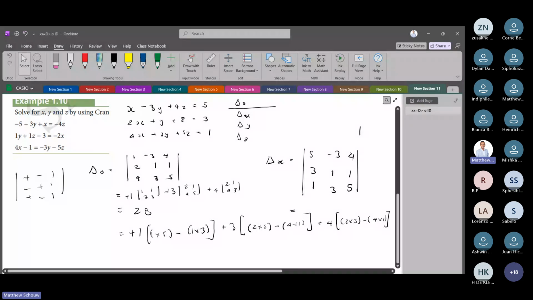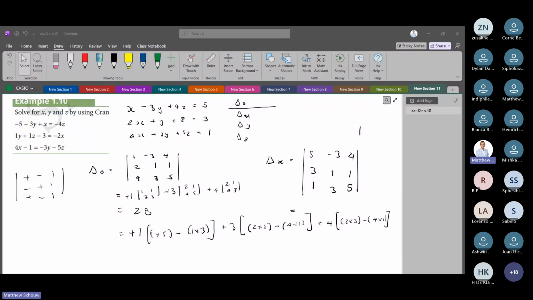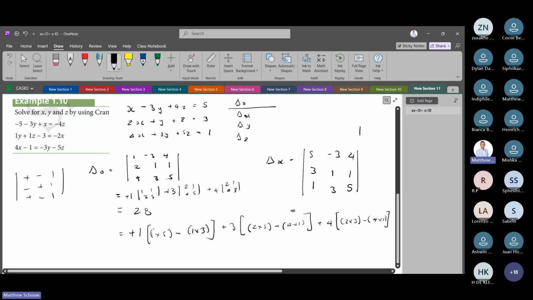Colleagues, I believe that's all right. Then the first thing should be 2, right? 5 minus 3 is 2. 2 times 1 is 2. You got that? I think that's where you went wrong. Oh no, sir. It got me a negative 8. 5 minus 3 is 2, not negative 5.